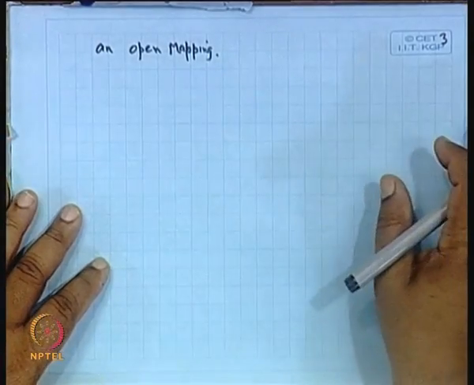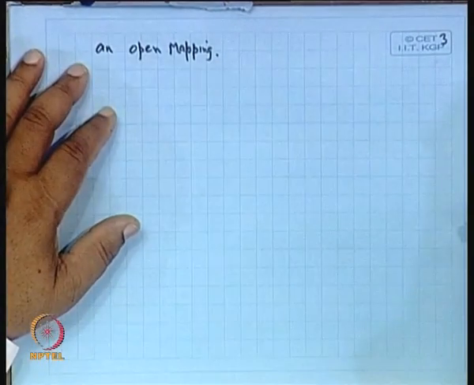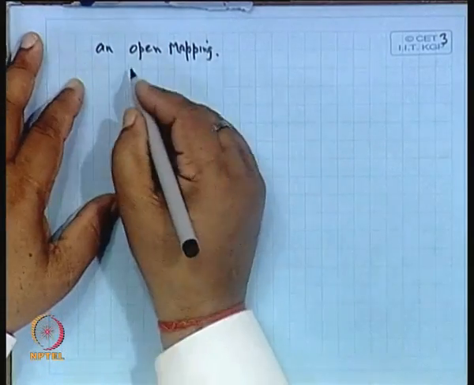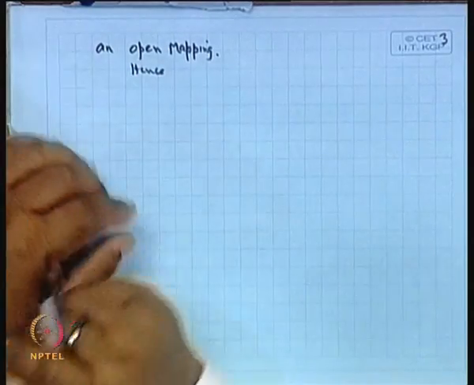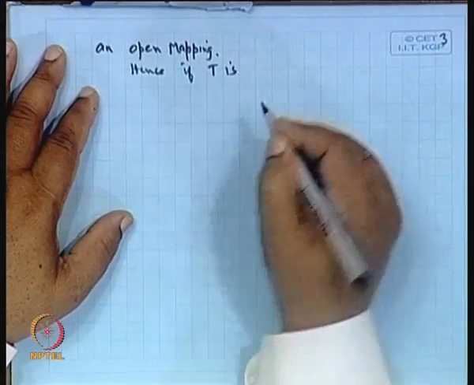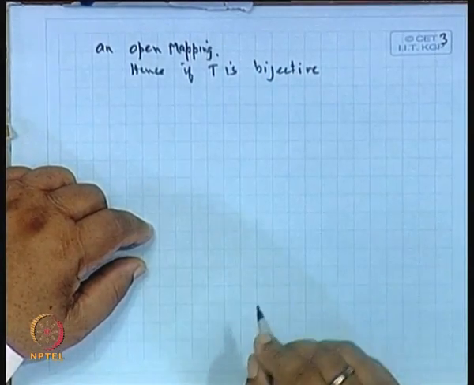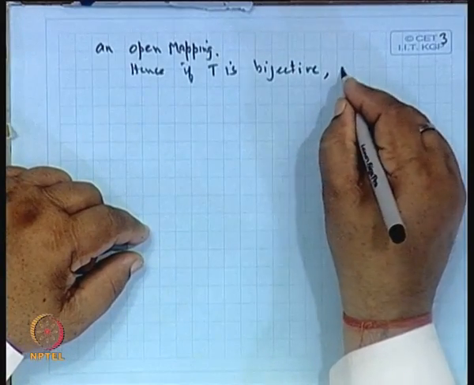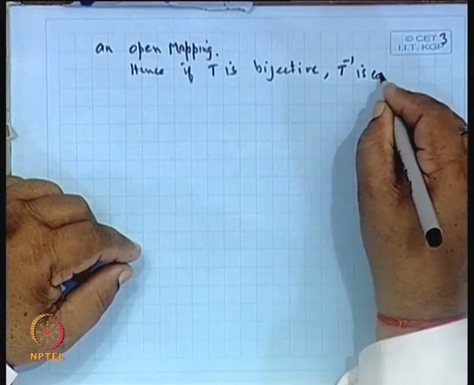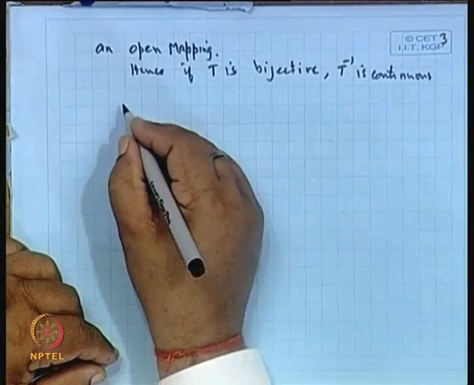Now, a bounded linear operator T from a Banach space X onto a Banach space Y is an open mapping. Now, if we have one extra condition, if T is bijective, then T inverse is continuous, and thus bounded.